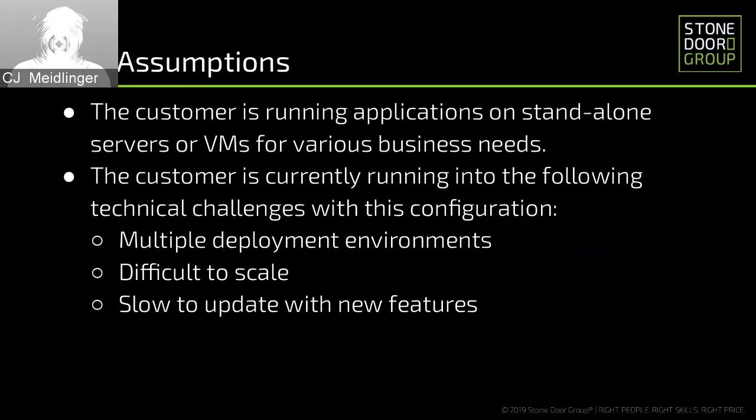OpenShift is a solution that, at a high level and in broad outline, helps mitigate some of the concerns that you have with your legacy deployments. Some of the challenges we have listed on the slide here would be multiple deployment environments.